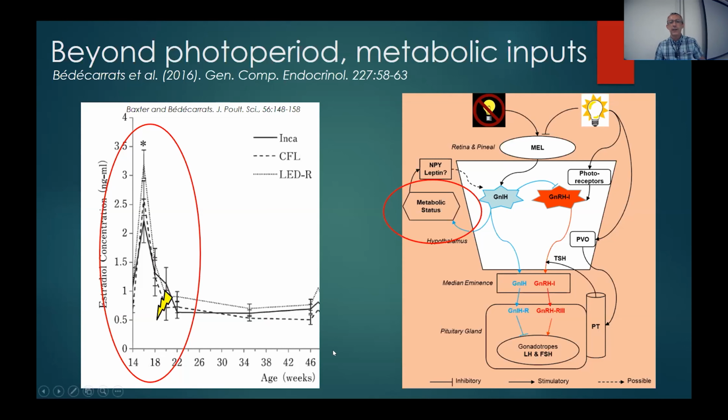And that brought us here to bring a new component in our model, a new component that will include the metabolic status, or all of those energy reserves potentially.